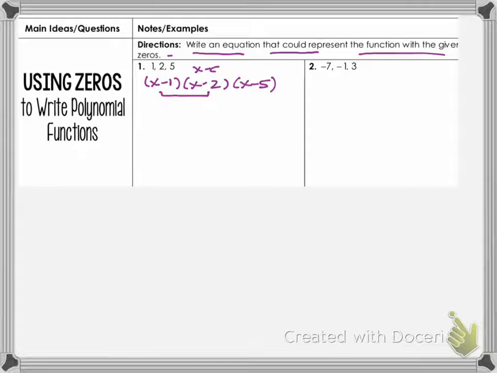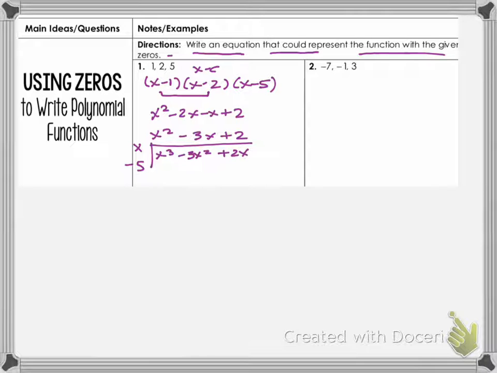This becomes x squared minus 2x minus x plus 2, which is x squared minus 3x plus 2, and then we'll do the box method to get the third term. So this would be x cubed minus 3x squared plus 2x, negative 5x squared plus 15x minus 10.